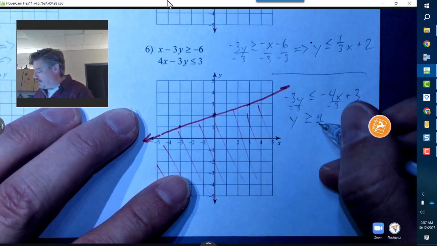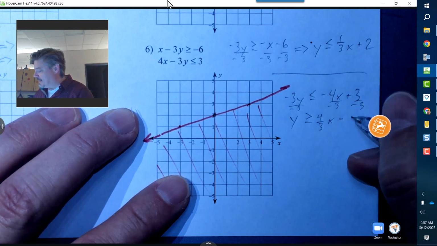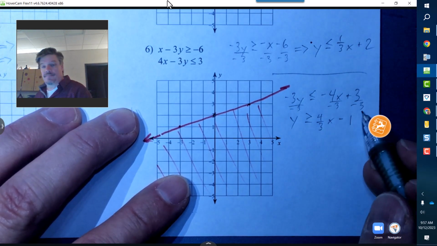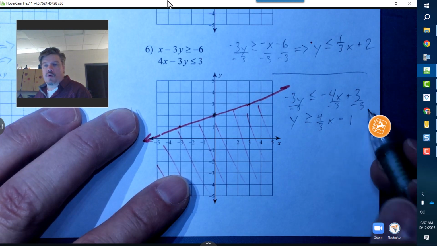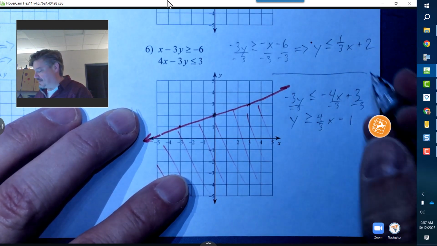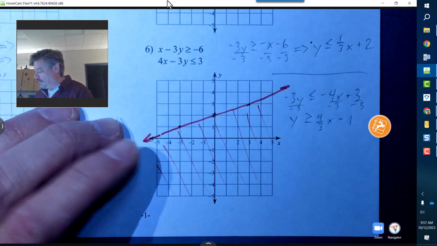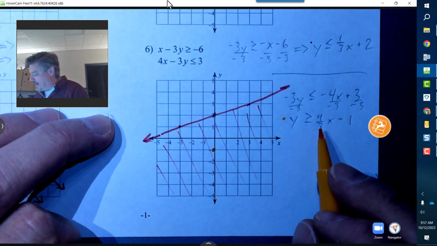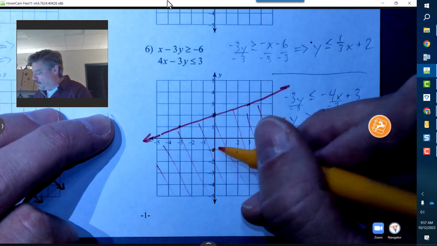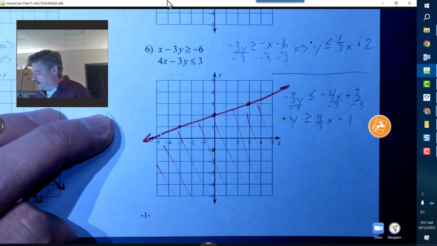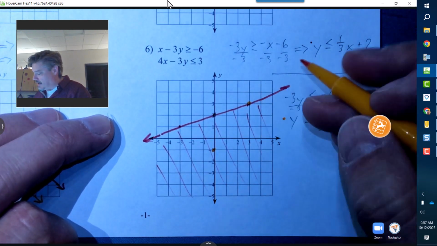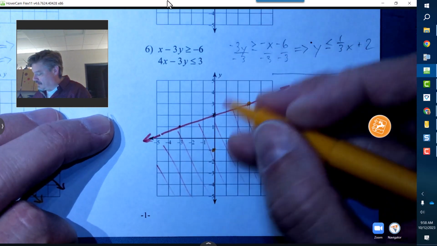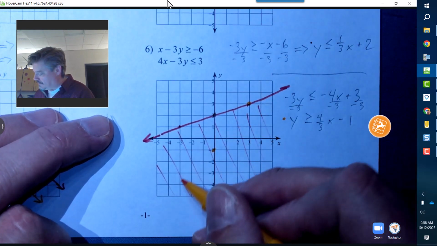We get 4/3x, and that would be -1 because +3 divided by -3 is -1. So we will graph this one in yellow. -1, and then we've got up 4 over 3. And we are going to shade above.